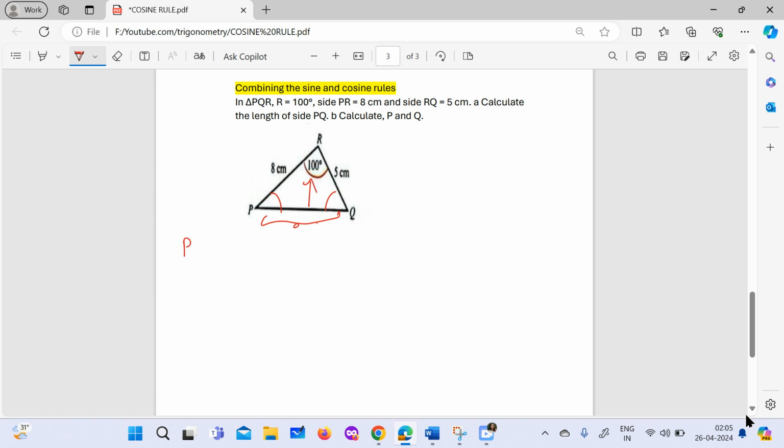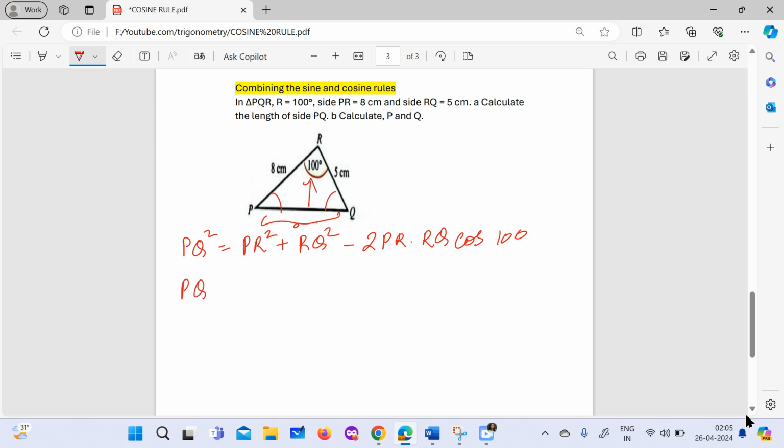We will write PQ square equals PR square plus RQ square minus 2 PR times RQ cos 100. Now I can input all the values.